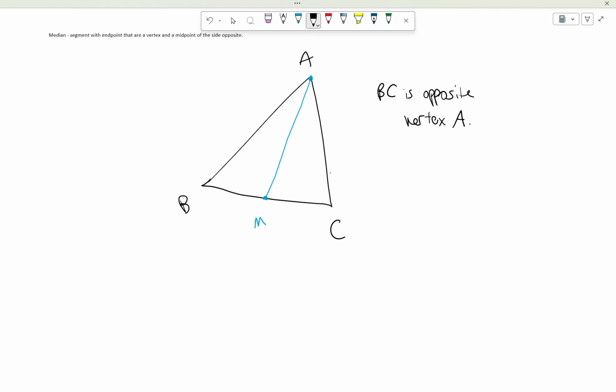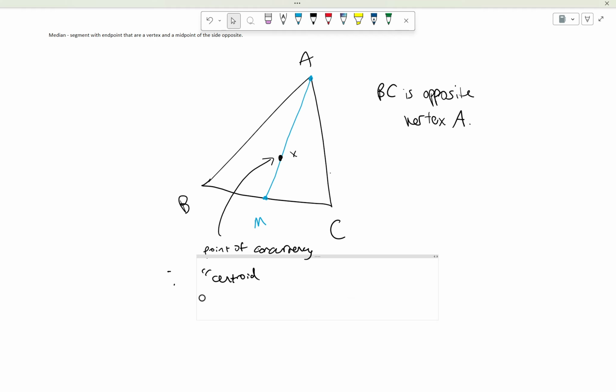And if I connect all three of these, this is going to be my point of concurrency. I'm going to call this guy X. If I create three medians that will all intersect at that same point, that point of concurrency is called the centroid.